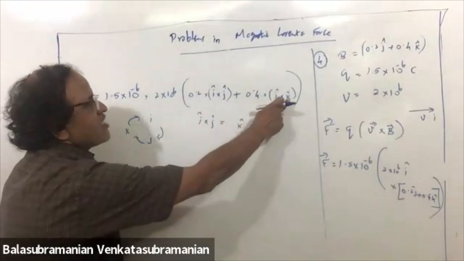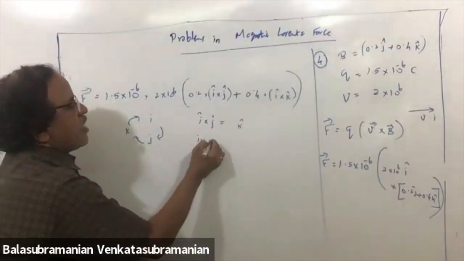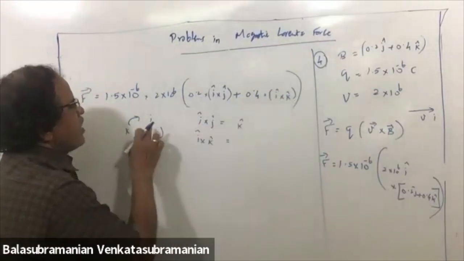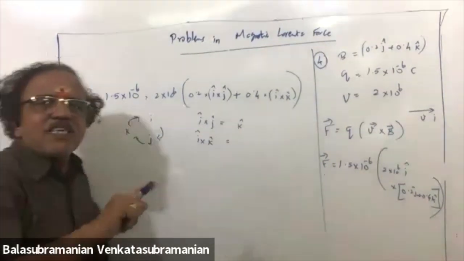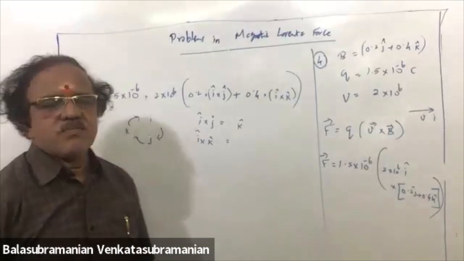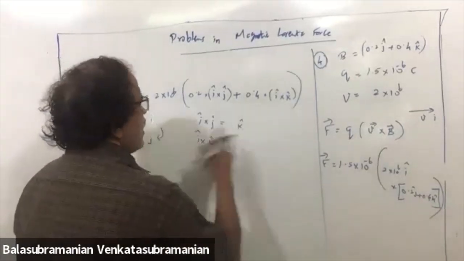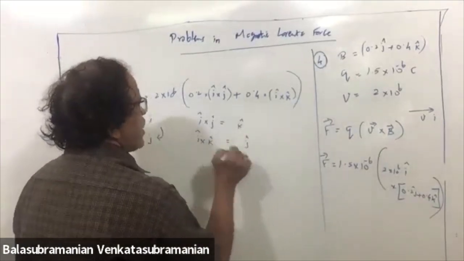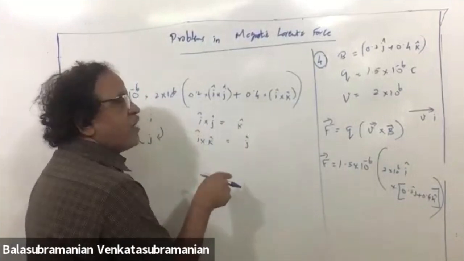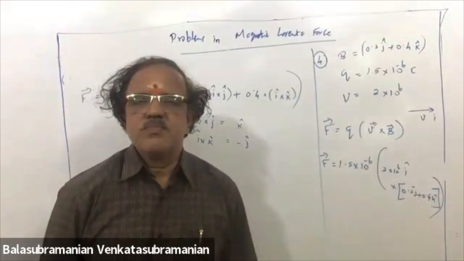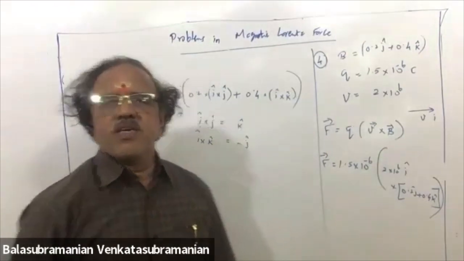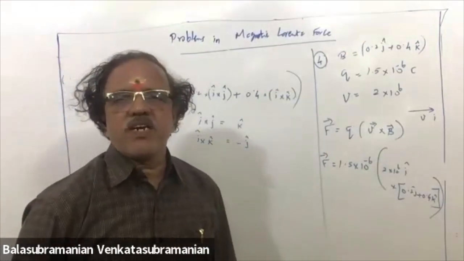Here I cross K. I after J only you are getting K, but you are skipping J here. I cross K, another direction J will come, but you are skipping J in between, so we have to put minus sign. Okay, it is a property of vector product.